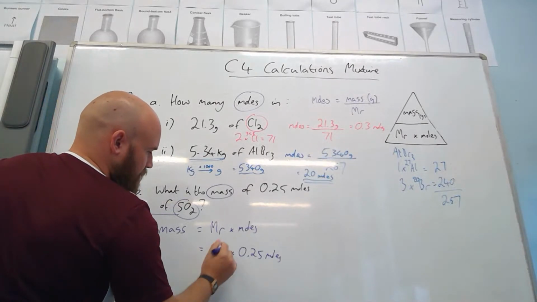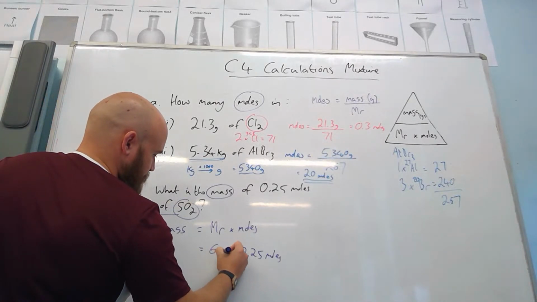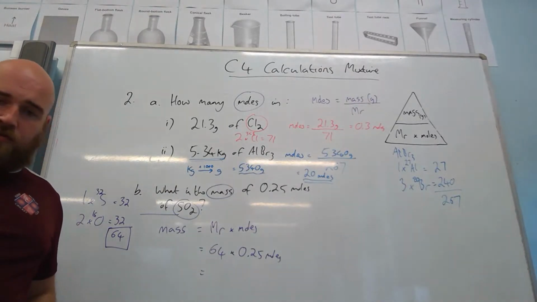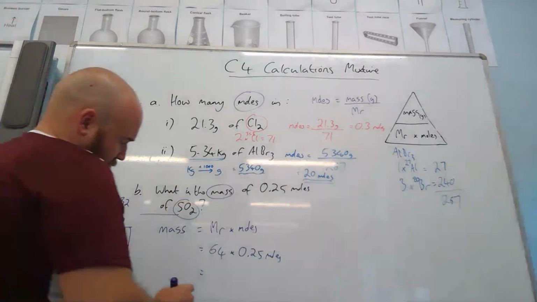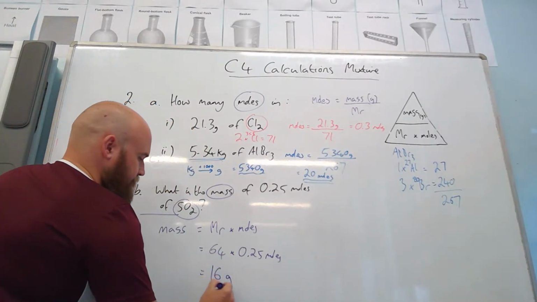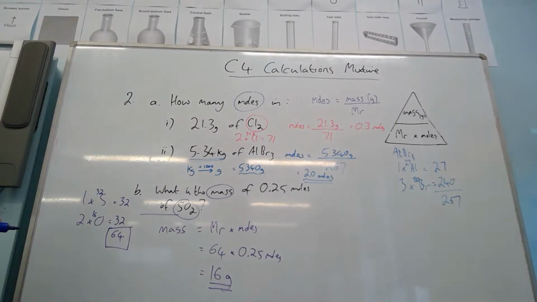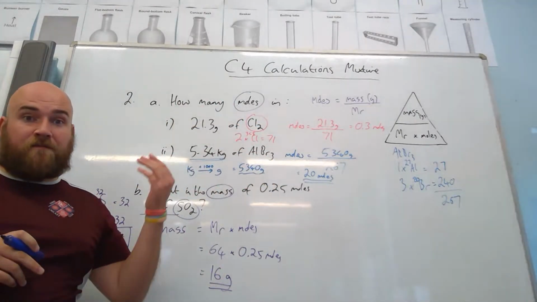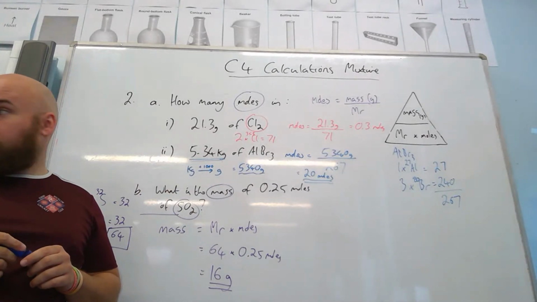So I'm going to do that now. So now 64 times 0.25 should be 16 grams. So there are your 3 answers to question 2 then. We've got 0.3 moles, 20 moles, and 16 grams. Hopefully that walkthrough helped you through that.